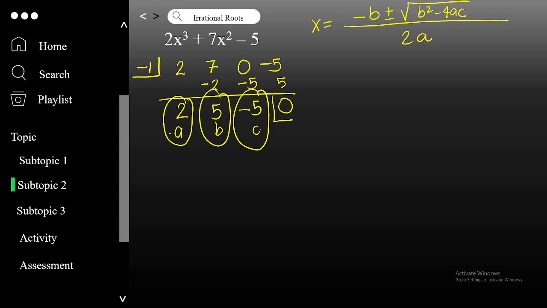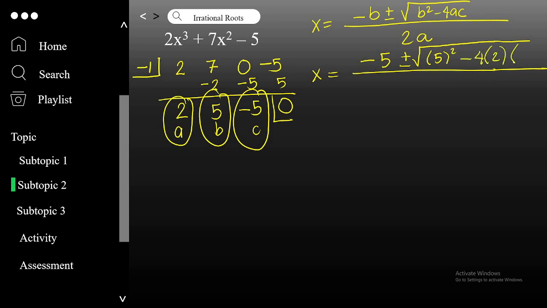So substituting these three values in the quadratic formula, it will give us -b, that's -5, plus minus the square root of b squared, which is 5 squared, minus 4a, that's 2, c, that's -5, all over 2a, that's 2 times 2.